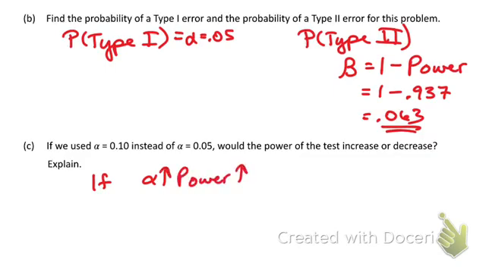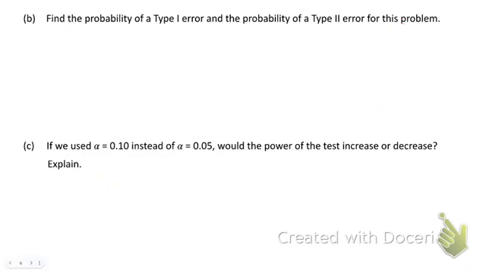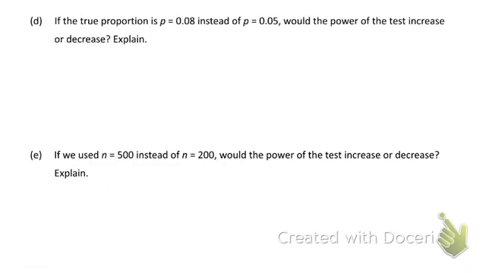Remember, those move in the same direction? So power would increase. Is this a good thing? Yes. Why? It means that you're correctly rejecting the null hypothesis. You're right.